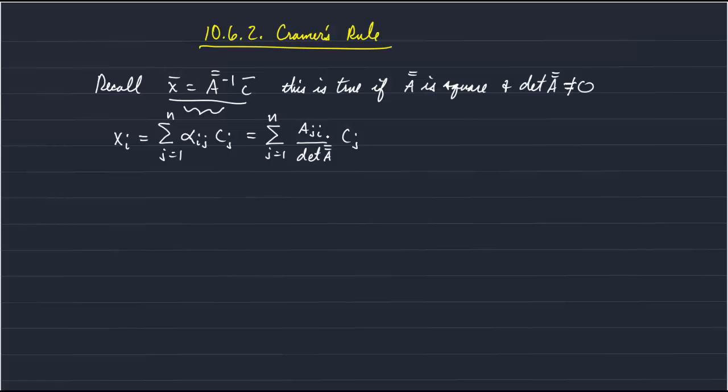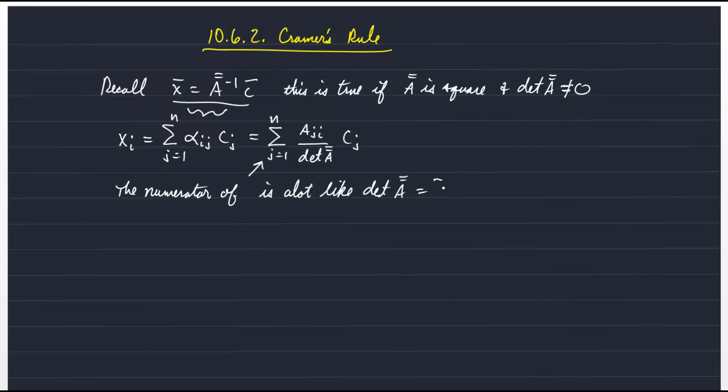Now, if you look at the second expression, the numerator of the second expression is a lot like the determinant of A. And just to remind you what the determinant of A looks like, if we sum over J, we again have the cofactor of the jith element times the jith element of A with I fixed in this sum.